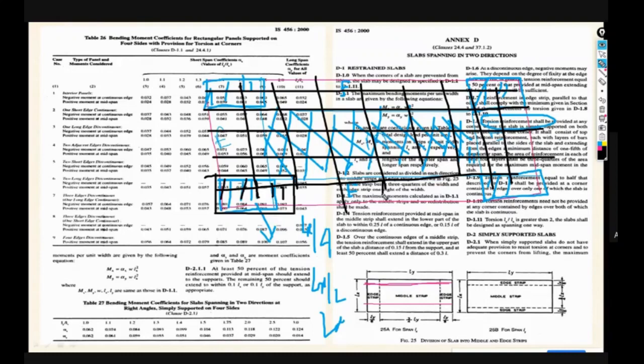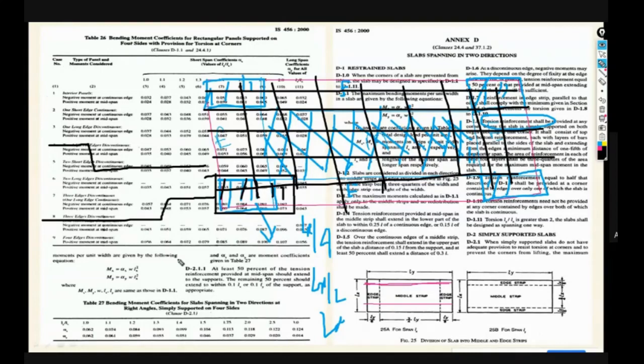If you see the torsion reinforcement, the maximum torsion reinforcement is 50% of the main reinforcement. While providing the main reinforcement in both directions, we are providing alternate bent-up bars. Correct. It means we are already providing 50% reinforcement at the top of the slab. Correct.